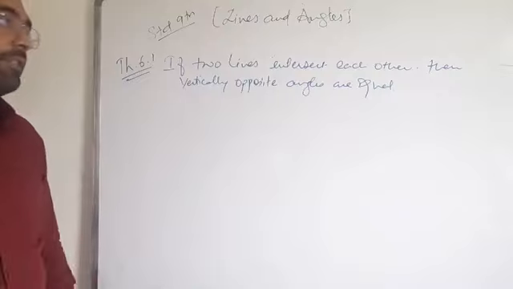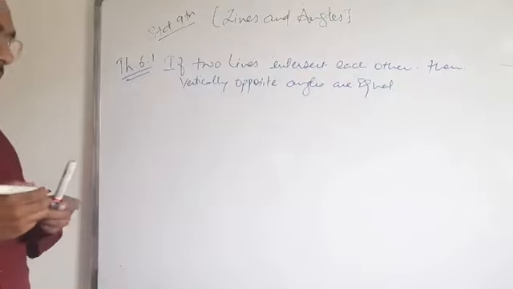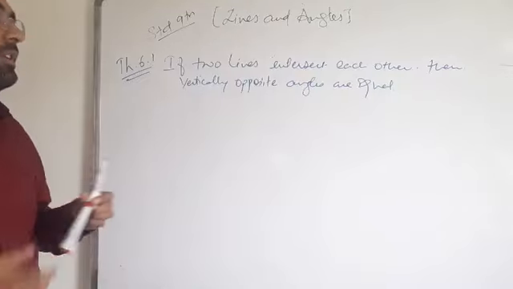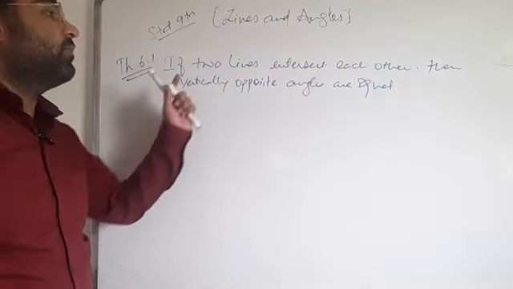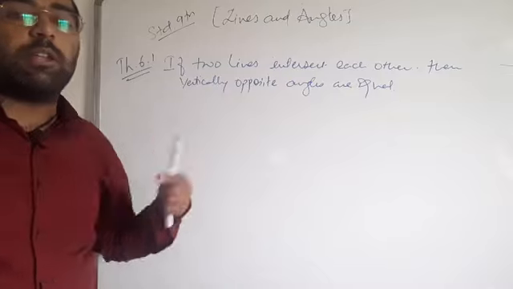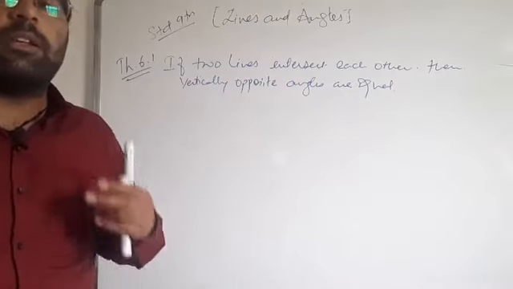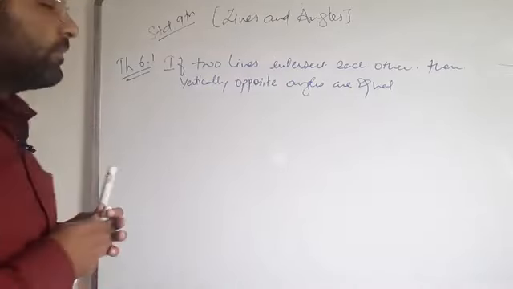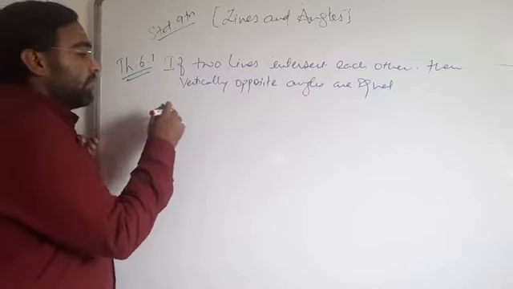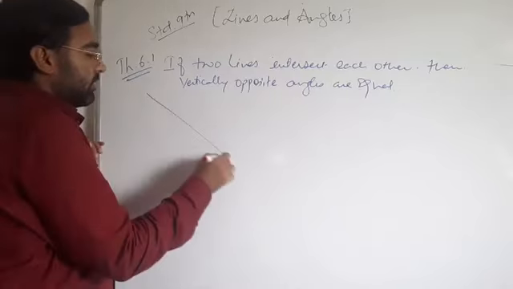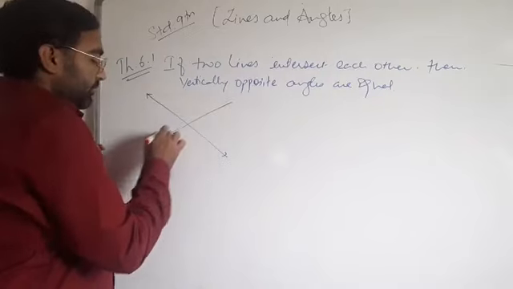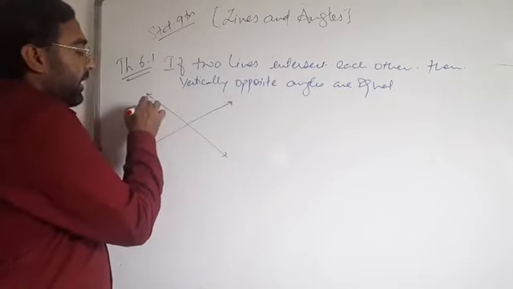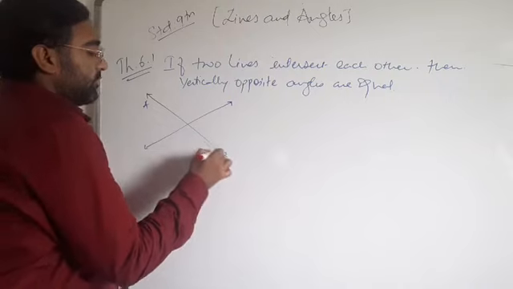We have to prove this theorem 6.1. In the given, two lines are given in the question, so I'll draw those two lines, and both of them intersect each other.